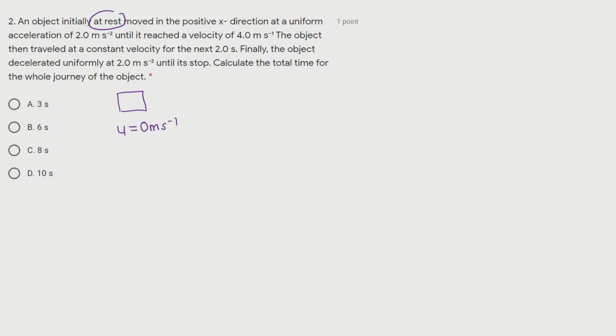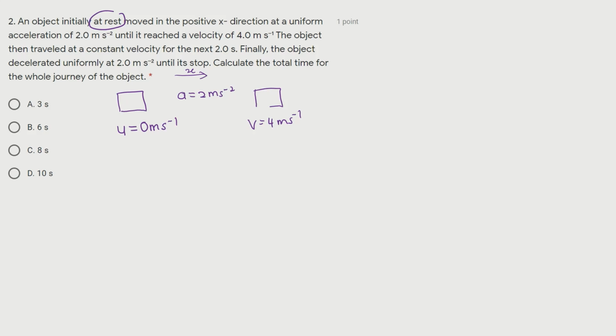Then it moves in the positive x direction at a uniform acceleration of 2 meter per second squared until it reaches a velocity of 4 meter per second.